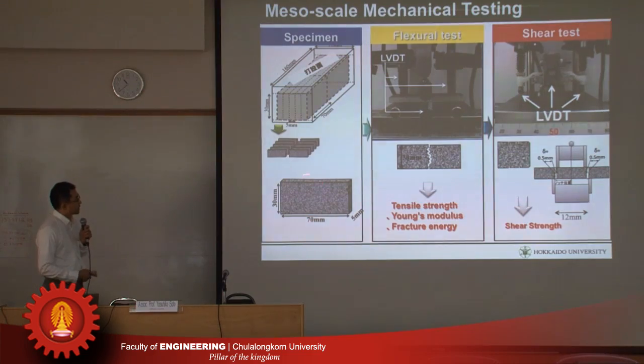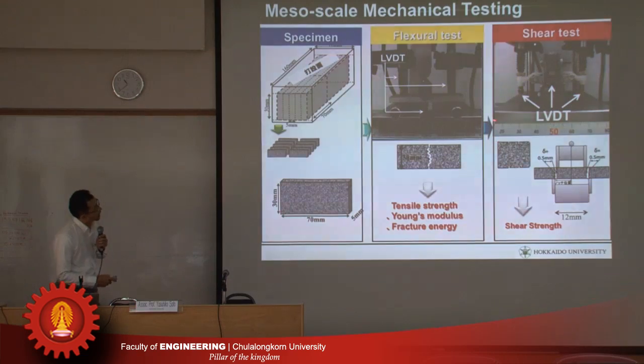Using this mesoscale specimen, we will perform the fracture test to detect the tensile strength at the mesoscale level, the Young's modulus, the fracture energy, and so on. After this fracture testing, of course, we have a cracked specimen, and we have two specimens from the one specimen.